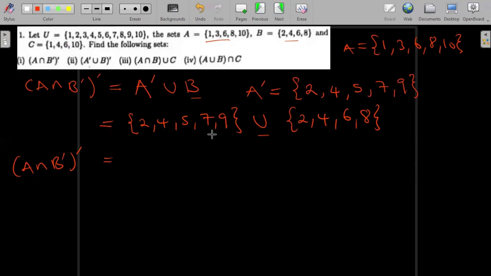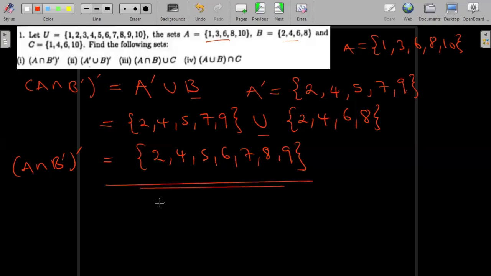So that is what is in set B; we're talking of B and not C. So bringing these together, I have 2, 4, 5, 6, 7, 8, and 9. This is what is going to sit in my set.